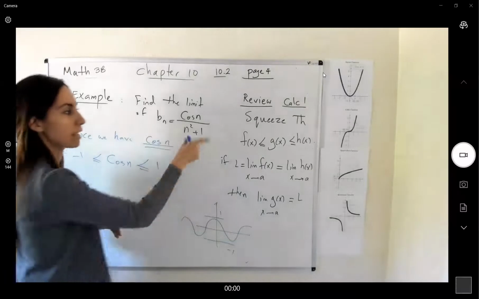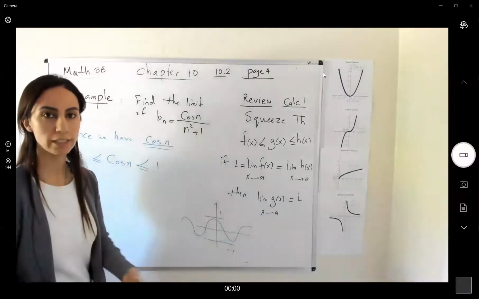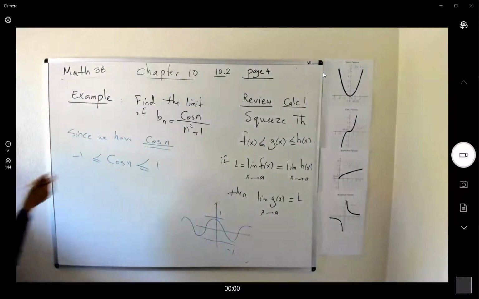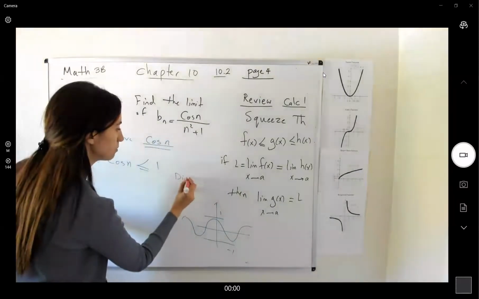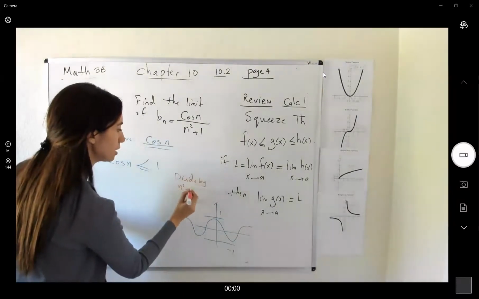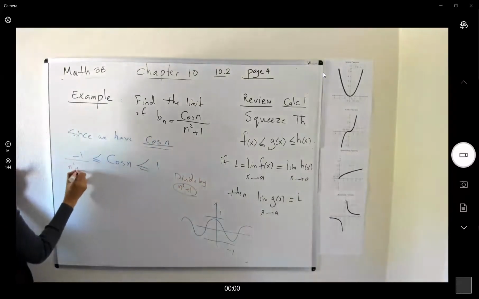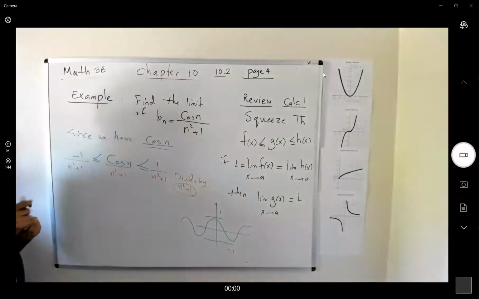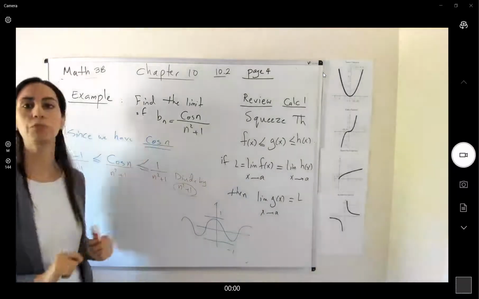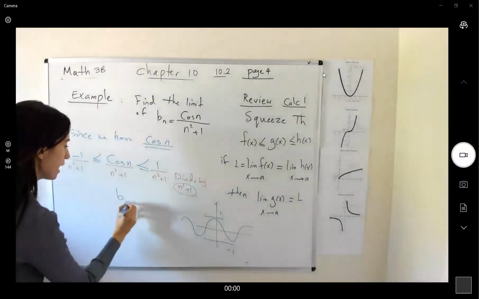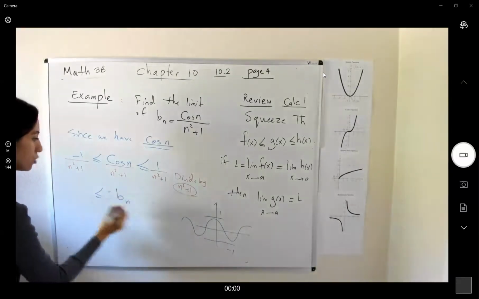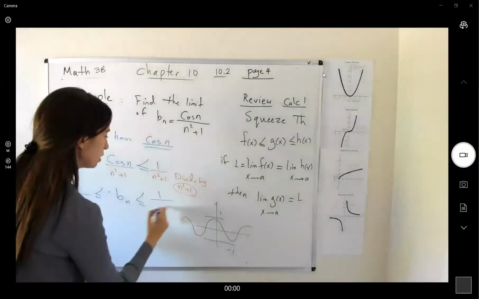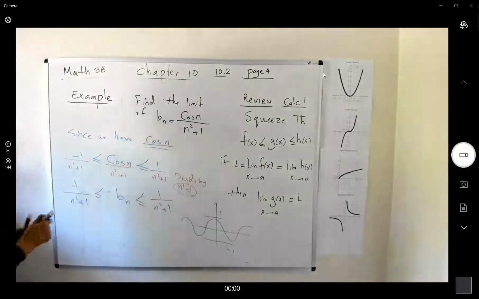Now, since n squared plus 1 is always positive, divide all sides by n squared plus 1. So in the middle, you created your Bn. Bn as a sequence is bounded between two other sequences, -1 over n squared plus 1 and 1 over n squared plus 1.